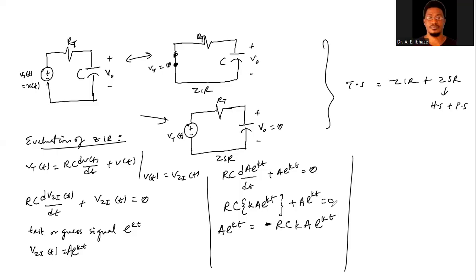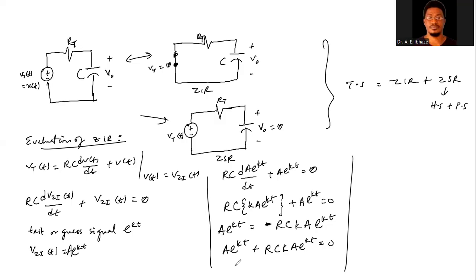And then this is also the same as A e^(kt) plus RC K A e^(kt) equal to 0.